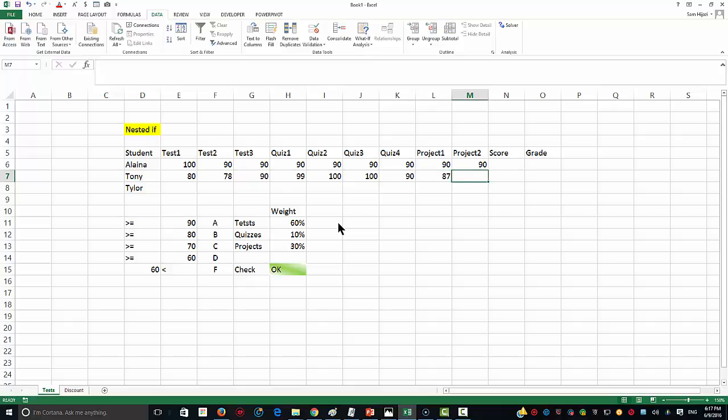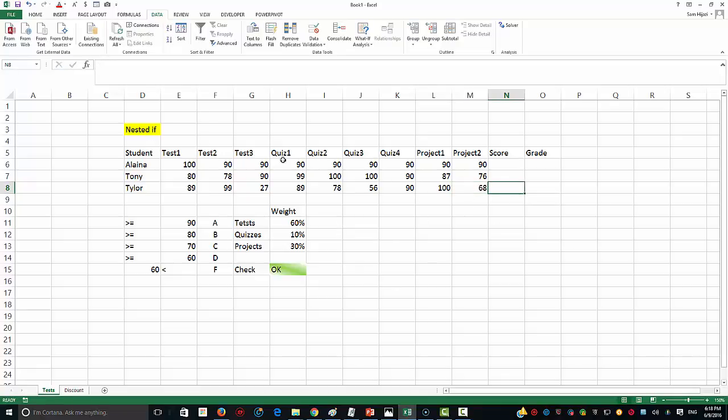So 87, 76, and the same thing for Taylor. Say 89, 99. So let's say 27, 89, and we're going to get 78, 56, 90, 100, and 67. I'm just trying to get different ranges of values.